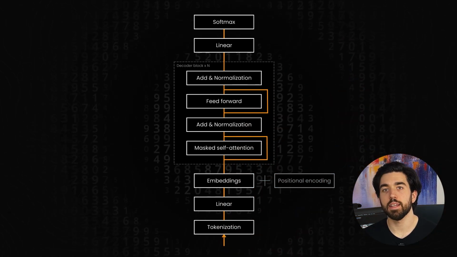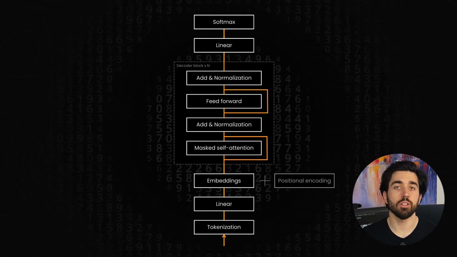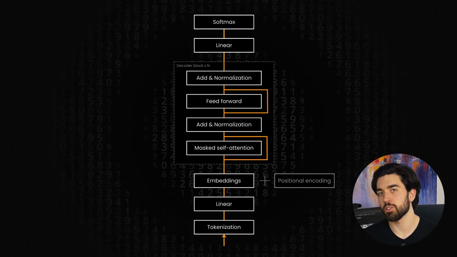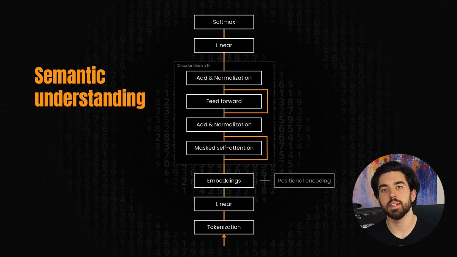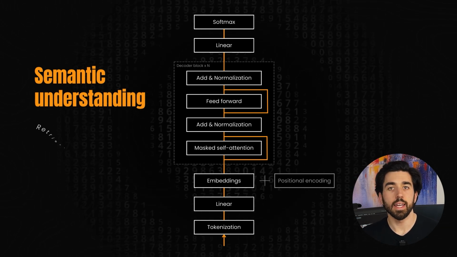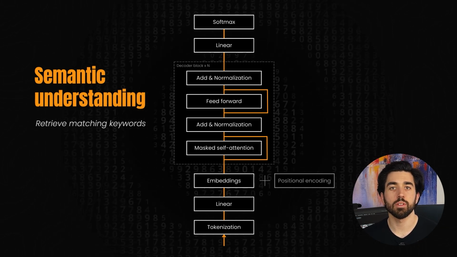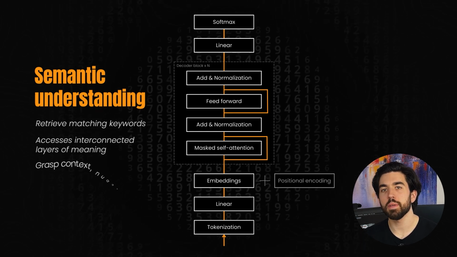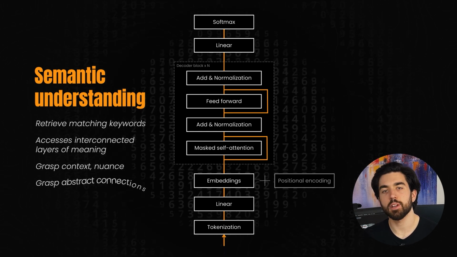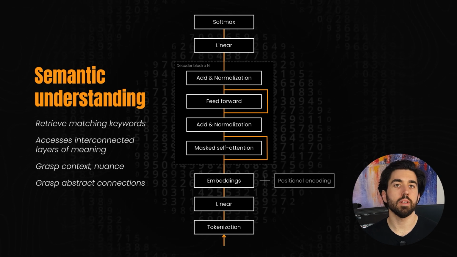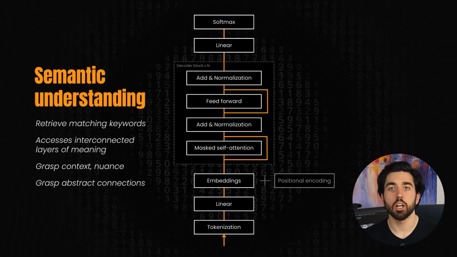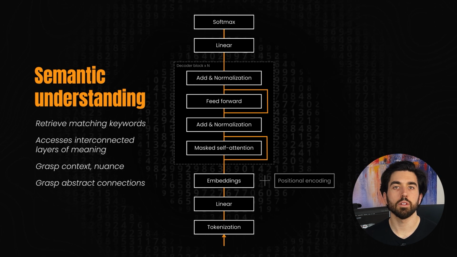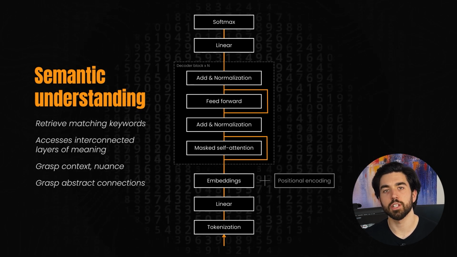This process, developed iteratively during billions of training cycles, creates one of LLMs' standout strengths, a semantic understanding of your questions. It doesn't just retrieve matching keywords, but accesses interconnected layers of meaning, grasping context, nuance, and abstract connections. It comfortably handles complex queries, comparing and synthesizing across diverse concepts far beyond the keyword-bound reach of traditional search engines.